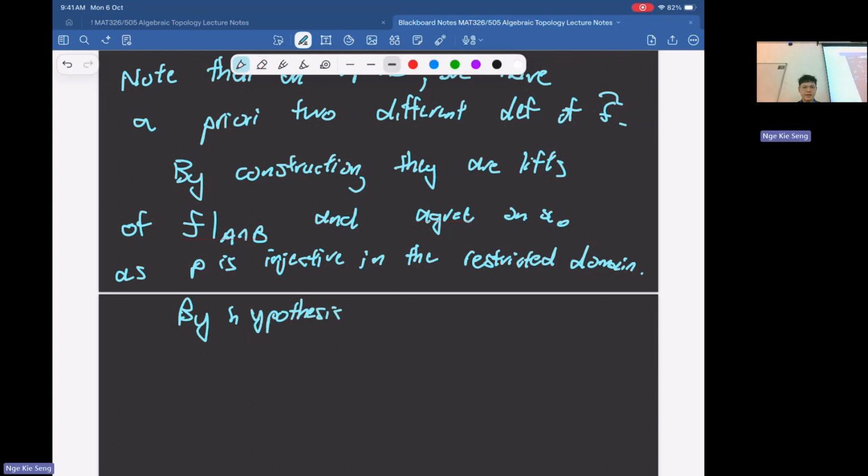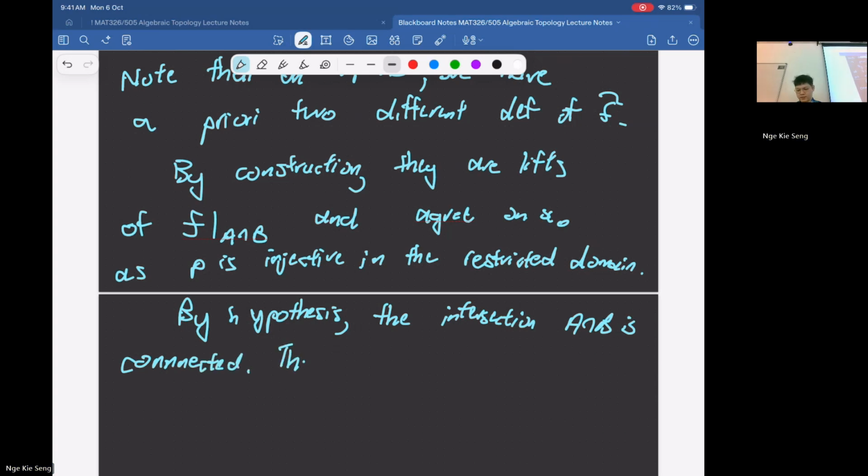So by hypothesis, because they agree there, and the intersection A intersect B is connected, by the previous uniqueness lemma, the two maps agree.